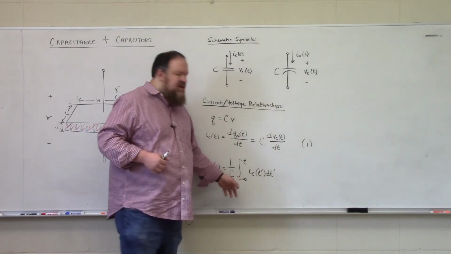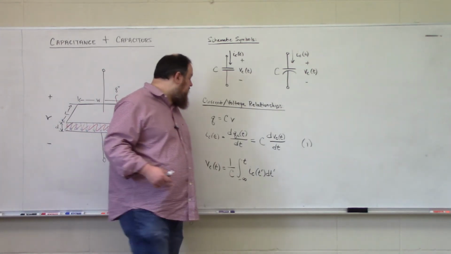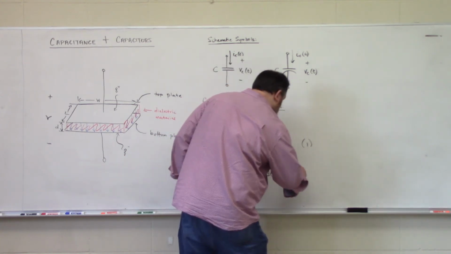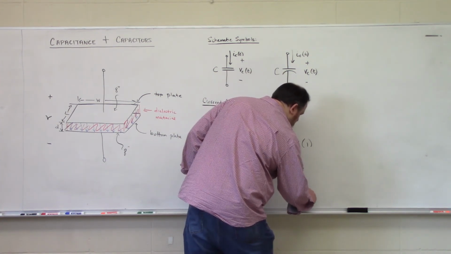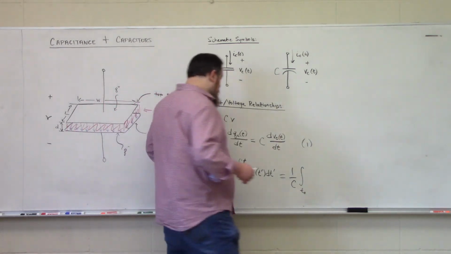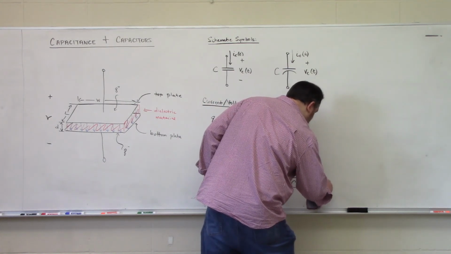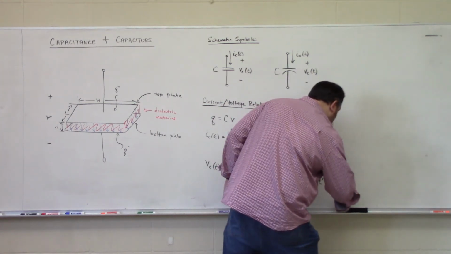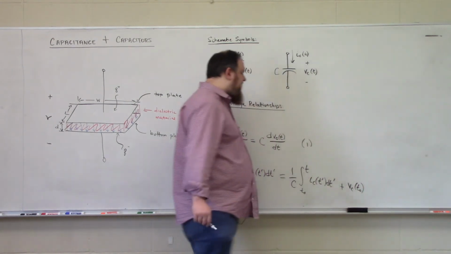Now, it's pretty often to see this expressed in a slightly different form. So this is taking into account the entire history of the capacitor current. Instead, you'll often see this expressed as 1 divided by C times the integral from t0, that's just a point in time at which the capacitor voltage is known, to t of i_C(t') dt', plus V_C at t0.